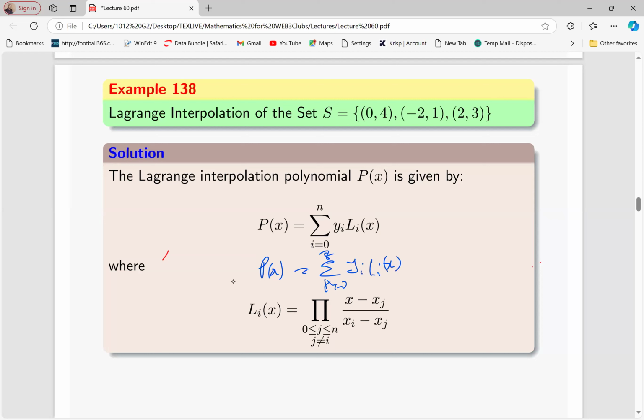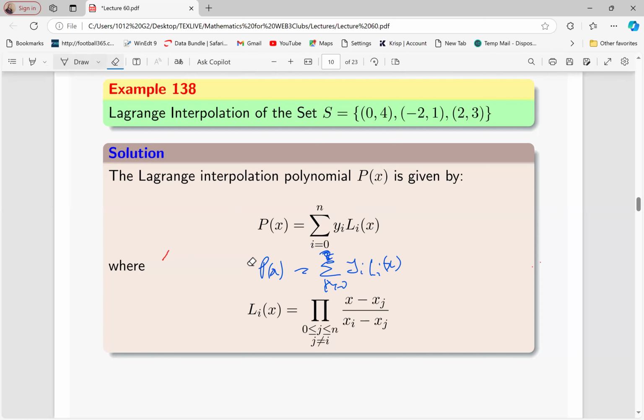We are summing from 0 to 2. So that is the formula. What I've written here is the general formula that we began with. Of course, we know what n is.